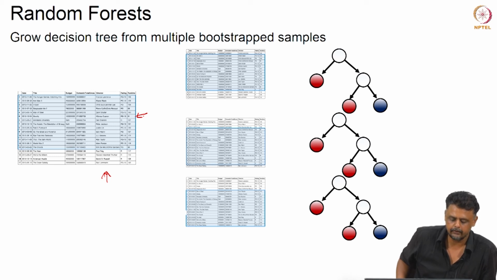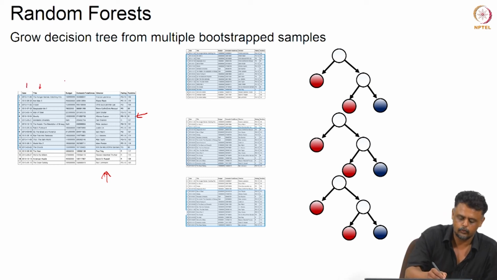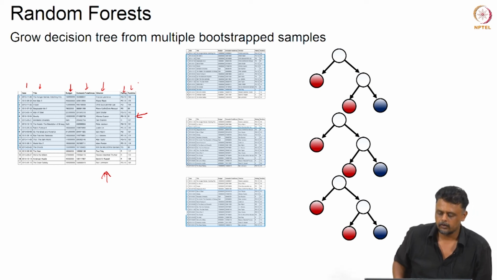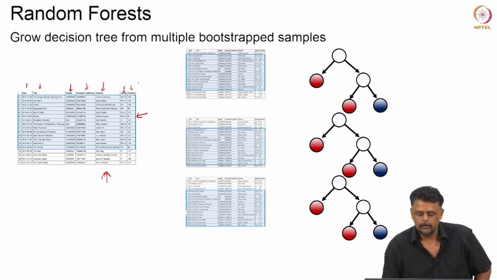You have the date, title of the movie, budget, the domestic total gross, the director of the movie, the rating and the runtime, and we are just choosing this subset highlighted in blue as our training data. With bagging, we select random samples with replacement from the training data.